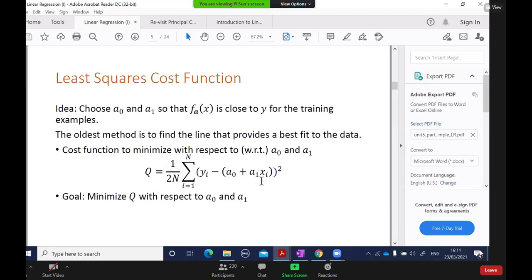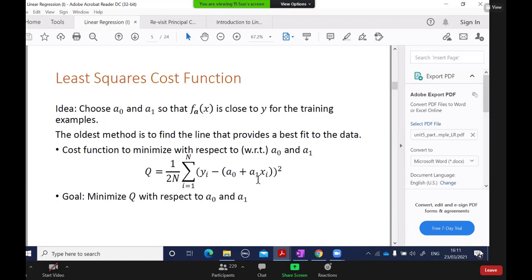The whole thing here is called the sum of squared errors. We have n data points, and we want to minimize the error, to make the error as small as possible. Then we do gradient descent to find the parameters, the best A0 and A1 here.